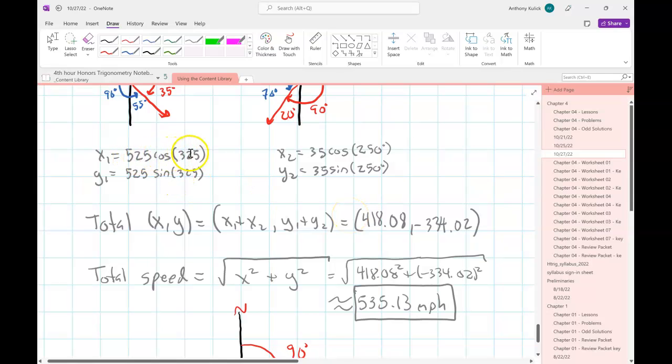I did 525 cosine 325 plus 35 cosine 250 and just got the number. That's what I did, because I don't need the actual number for x1 and x2 separately. I just need their sum, so I'm not going to bother writing both of those numbers down just to add them together again on my calculator. I'm just going to do it all in one line and be done with it. You know what I mean? Yeah. Just going to save myself the hassle.